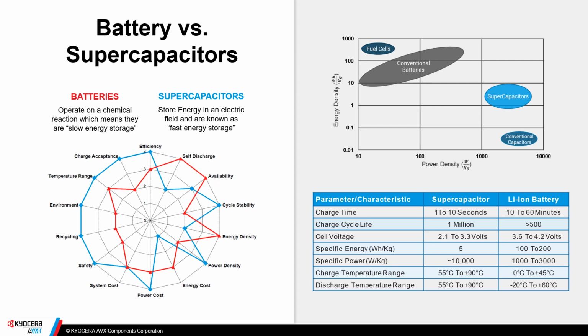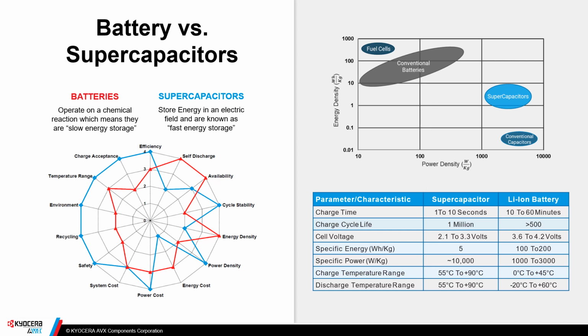Now, on the left side, we're comparing batteries and supercaps in 14 different areas. What we could say is that batteries are essentially a slow energy storage means. It's electrochemical. And what we have with supercaps is essentially the fast energy source.